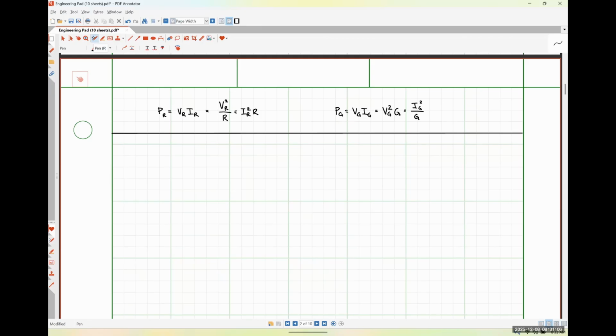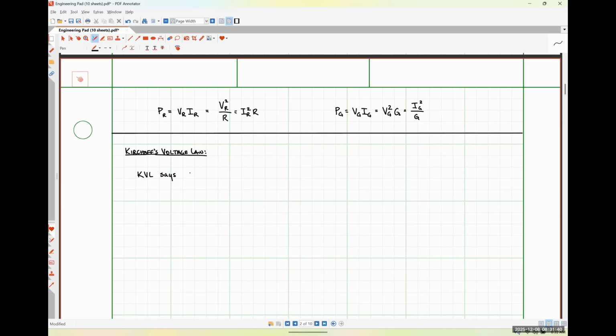So now let's talk about Kirchhoff's voltage law. So Kirchhoff's voltage law states that, let's write this down.